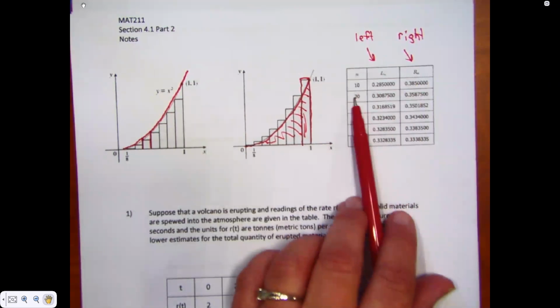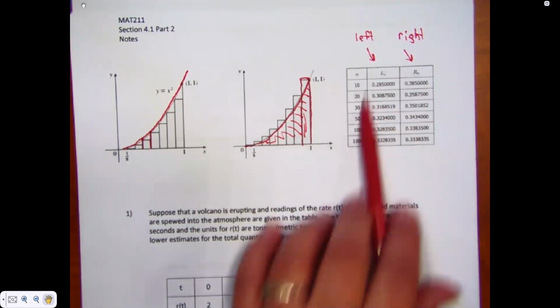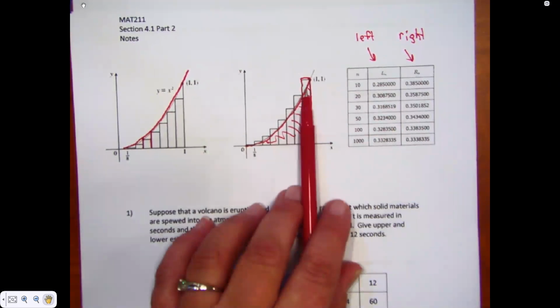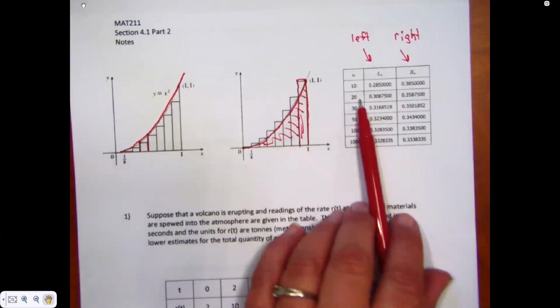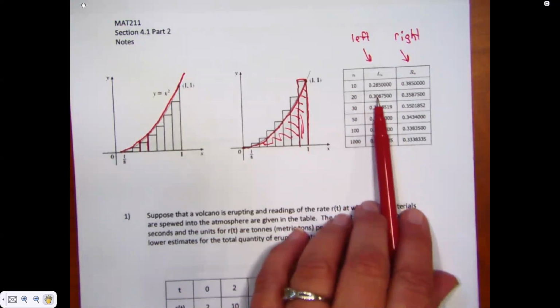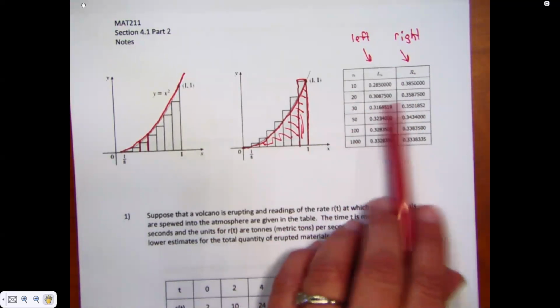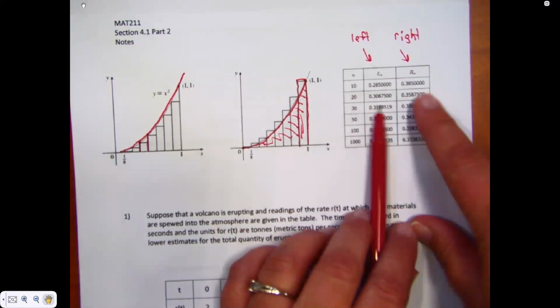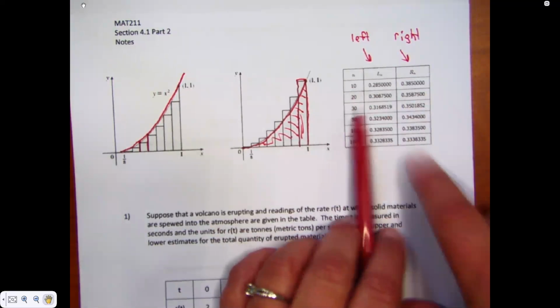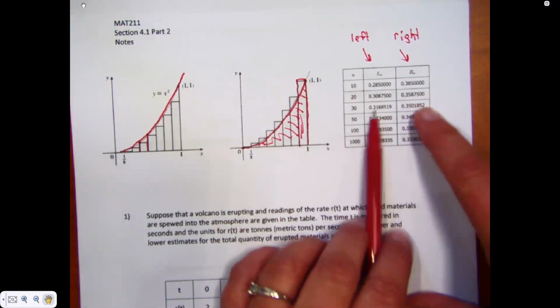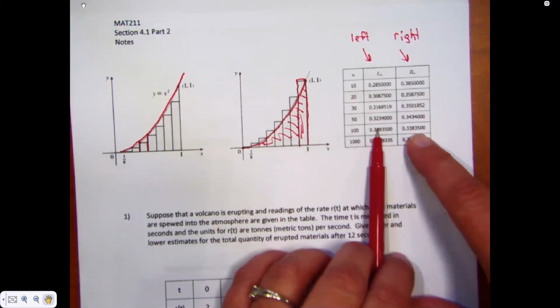What happens when we change it to 20 rectangles? All of these numbers are approximating the same area under the curve. But when I go to 20 rectangles from the left side and the right side, these are the answers I get. You can see as I increase my number of rectangles, these two numbers get closer to each other.